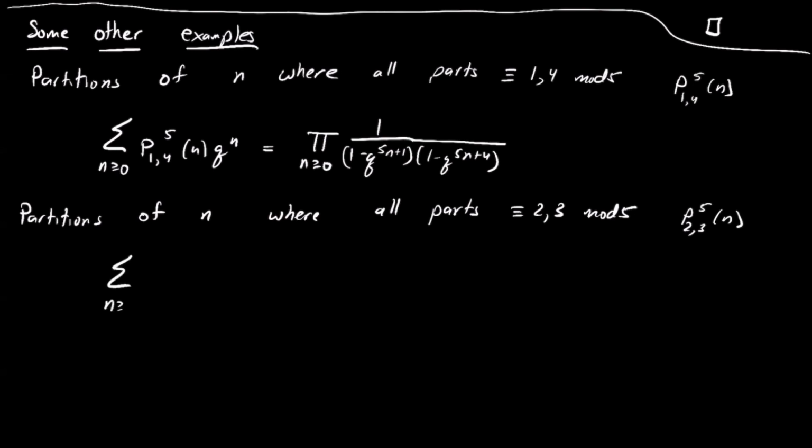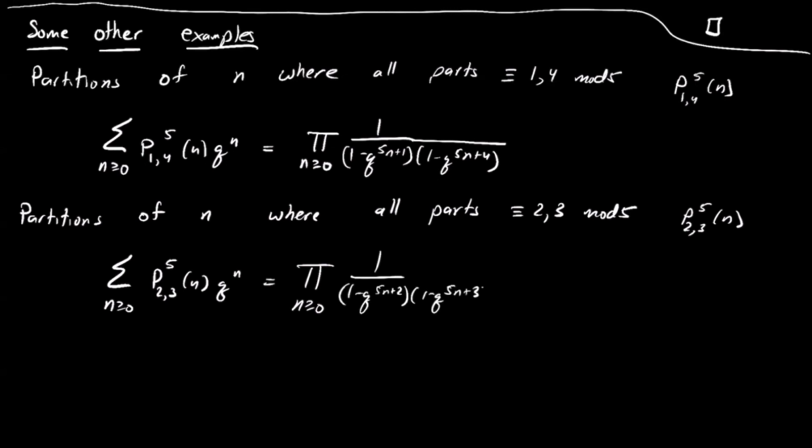So to write down this generating function, the sum of P2, 3, 5 of n, q to the n, is the product where n is greater than or equal to 0 of 1 over 1 minus q to the 5n plus 2, 1 minus q to the 5n plus 3. All right, so this will be the generating function for this. And we'll come back to these in a second. These will be kind of interesting for us in a little while.